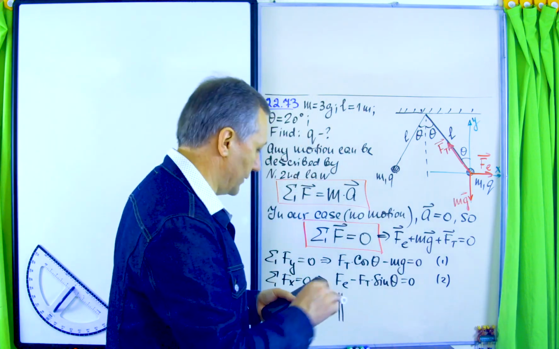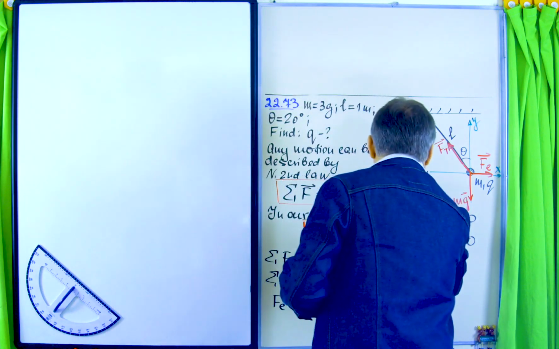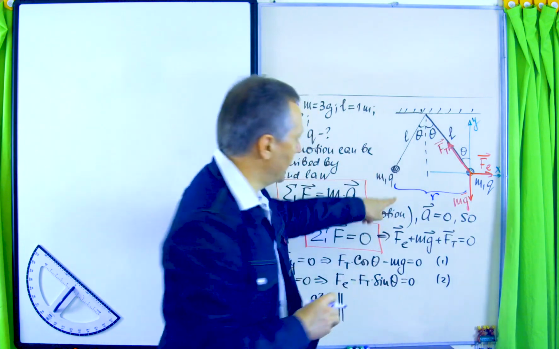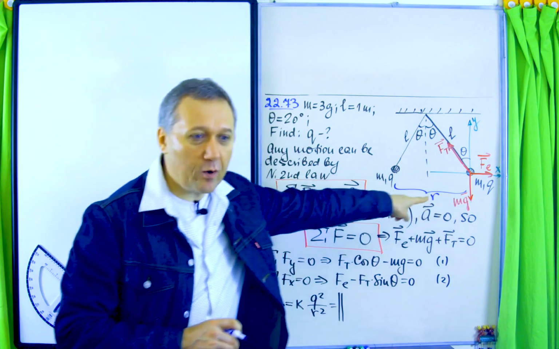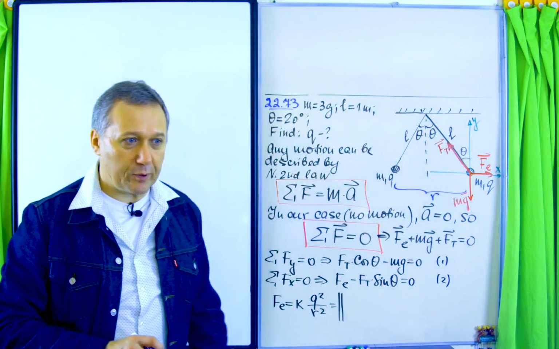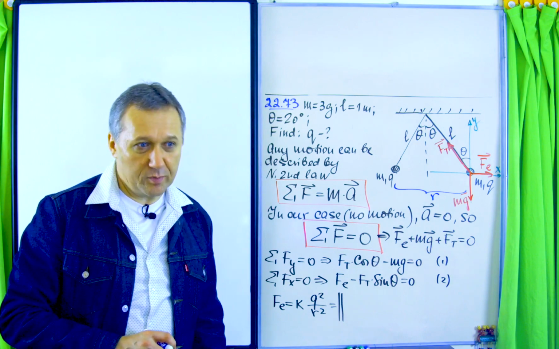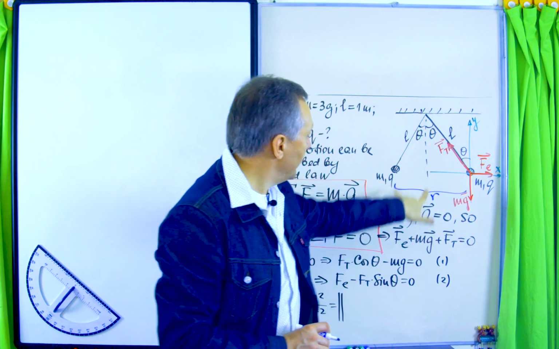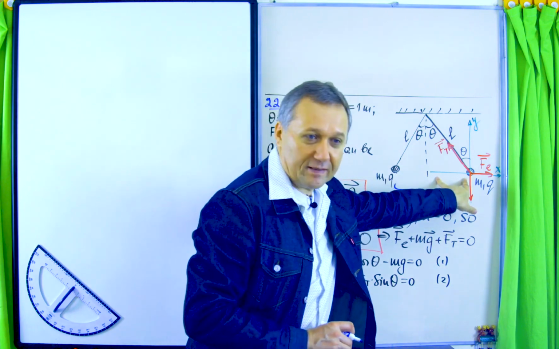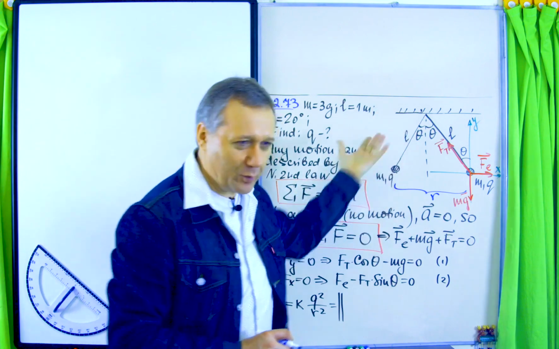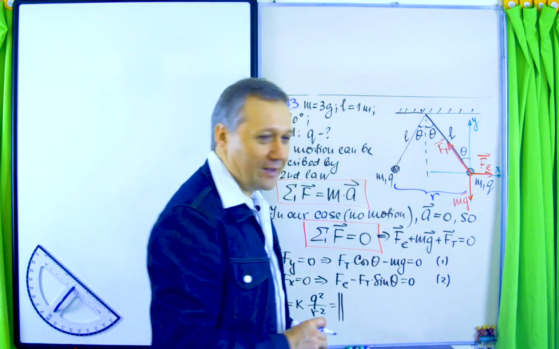Let me use some different color. So now we need to write this R in terms of what is given in the problem. It shouldn't be difficult because we have a symmetry relative to this vertical line, and this distance and this distance are the same. In my picture they're slightly different, but of course in nature they are the same.